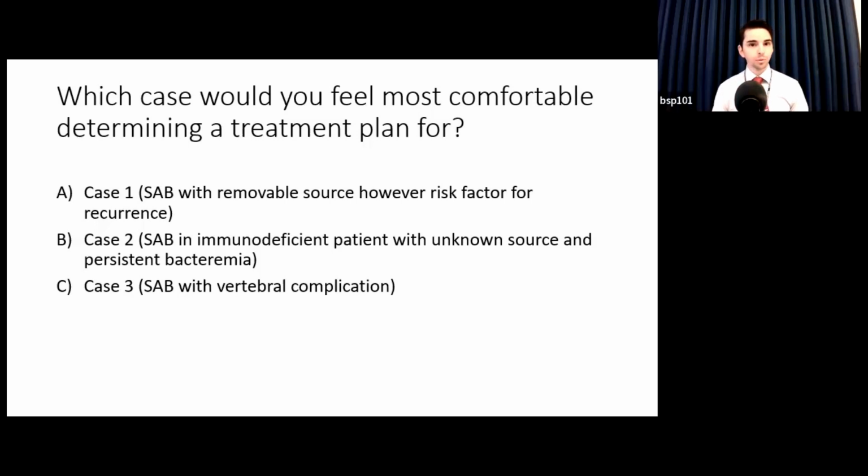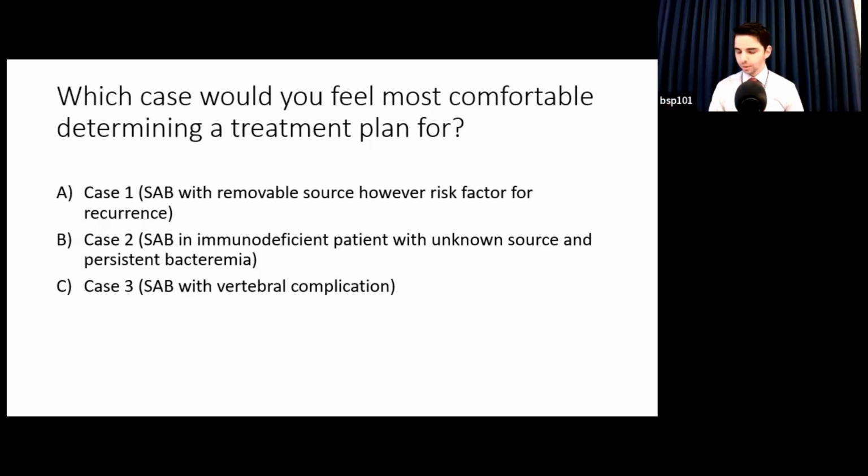And then case number 3 is a patient with Staph aureus bacteremia who already has an identified complication. So you know that this patient has a metastatic focus of infection, that their Staph aureus has traveled to a distant location. You know that that spine is infected. You know that it's already caused disease in a distant site. It's already complicated.